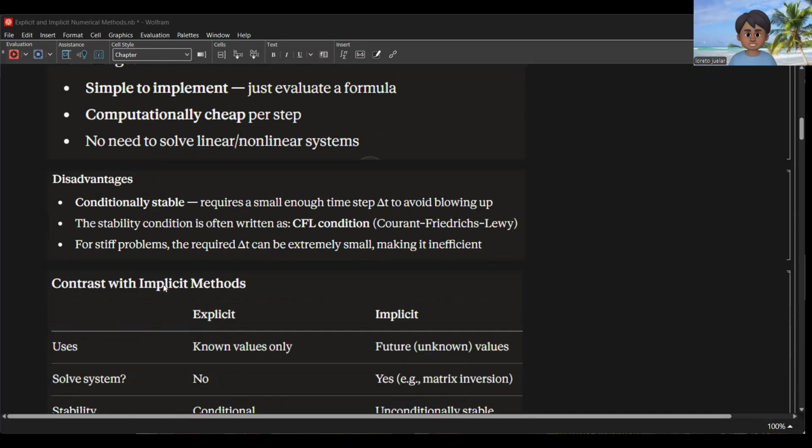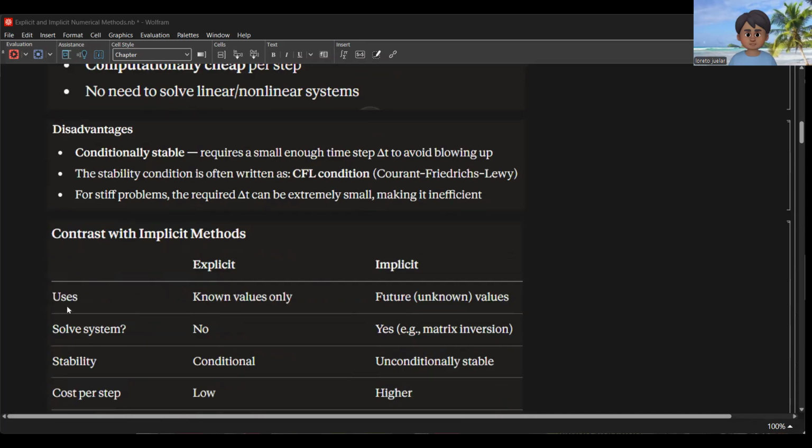Now, in contrast with the implicit method, the explicit method uses known values only, while the implicit method uses future unknown values. So we don't have to solve a system here; we just substitute the values to find the value of y_n. For the implicit method, yes, we have to solve some problem here.